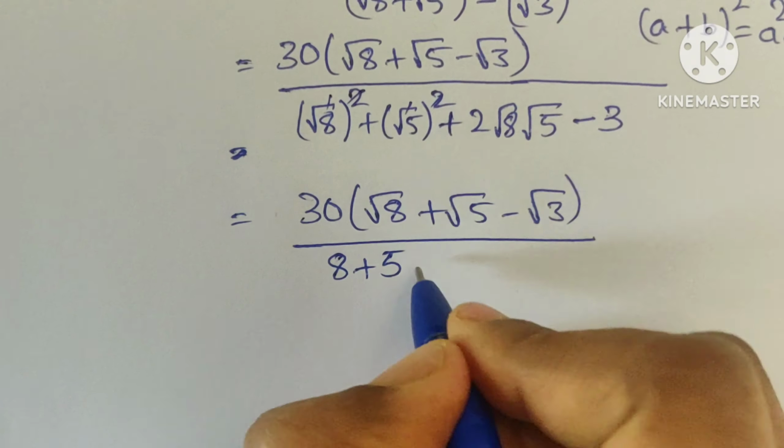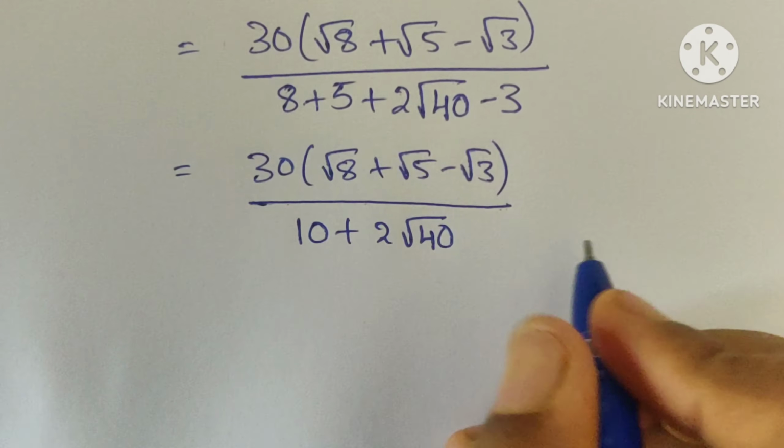So now it will be 2 square root of 40 minus 3. So now 30 times square root of 8 plus square root of 5 minus square root of 3 divided by, so 8 plus 5, 13. So 13 minus 3 which is equal to 10. So 10 plus 2 square root of 40.